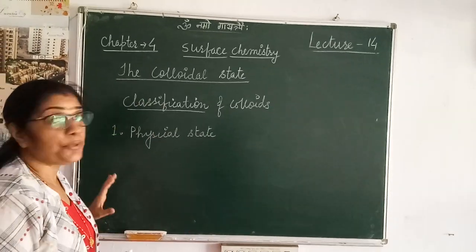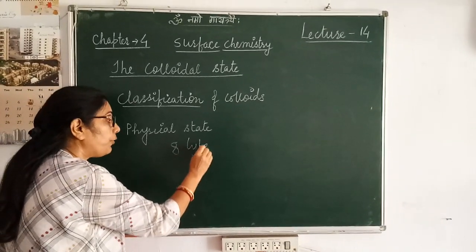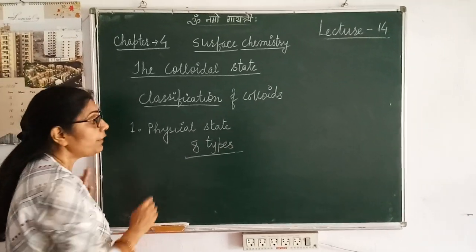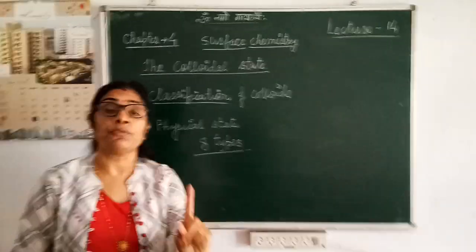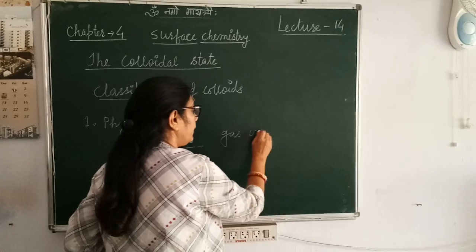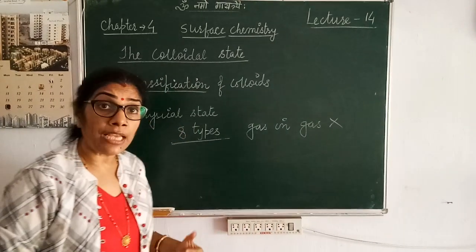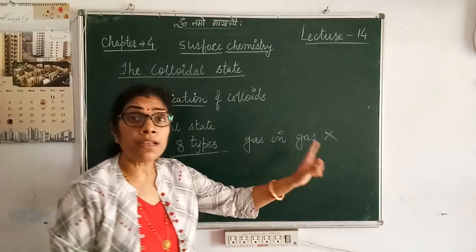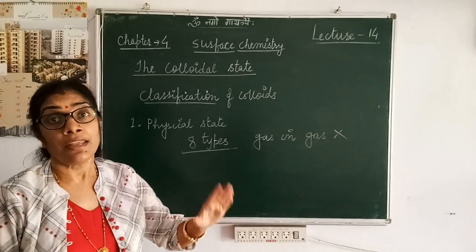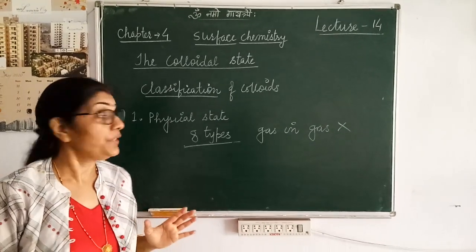So just like solutions, there are 8 types of colloids on the basis of physical state, except one, and that is gas in gas. Why can gas in gas not be a colloidal solution? Because it becomes a homogeneous mixture, and colloids are heterogeneous in nature.